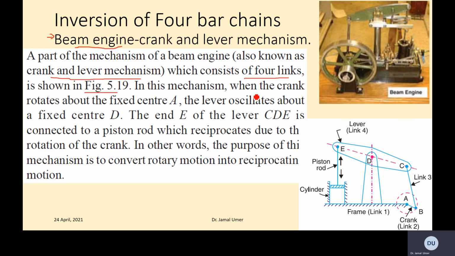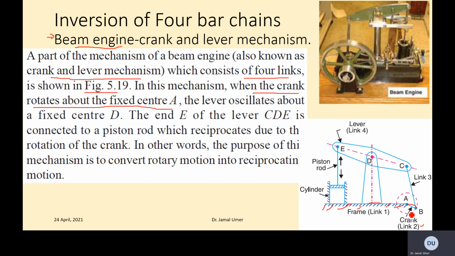In this mechanism, the crank rotates about the fixed center A. Let me explain this. This one is a crank, the link 2 is a crank. Link 1, most of the time, as we said, we take as the frame. Anything with no movement is a frame.